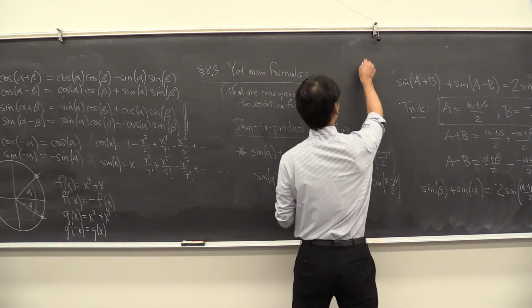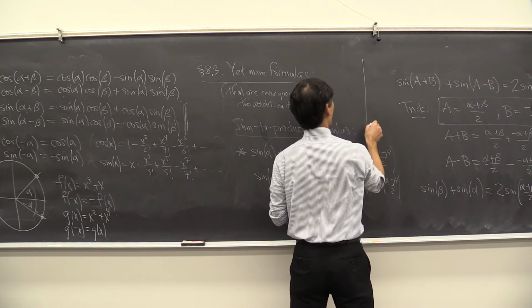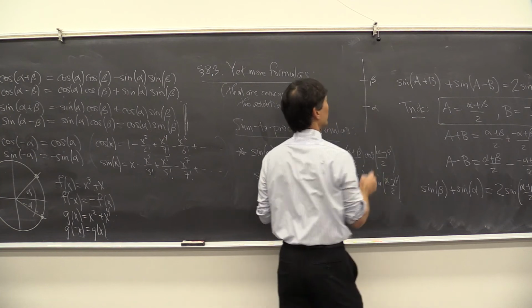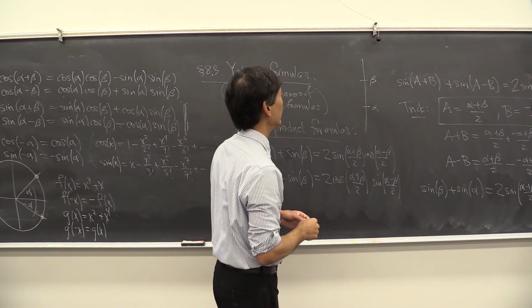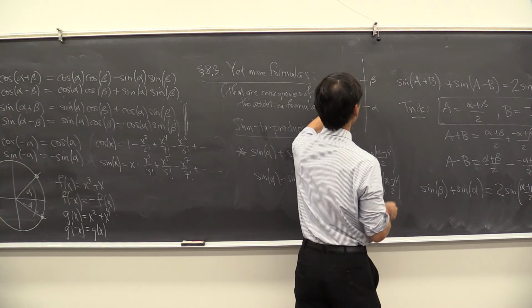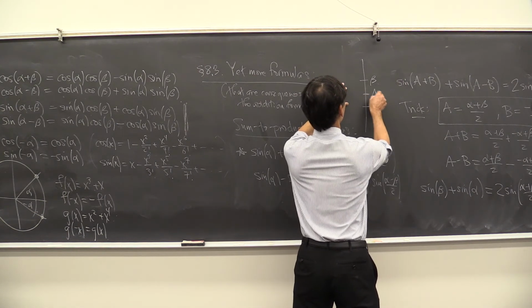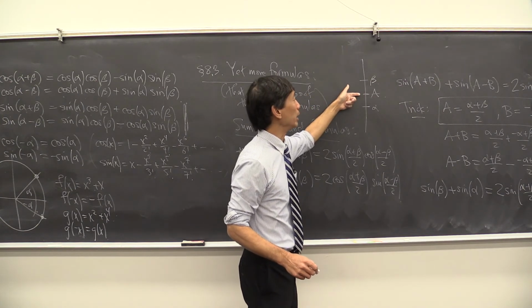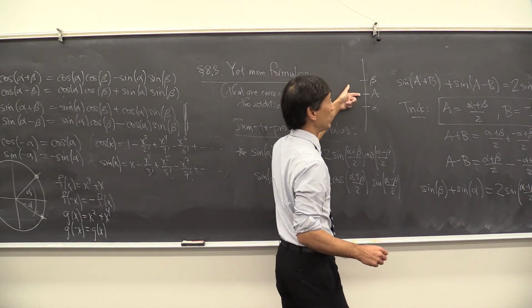Right, and this kind of makes sense, I hope. You have an alpha and you have a beta, right? And so you take A to be the thing in the middle.